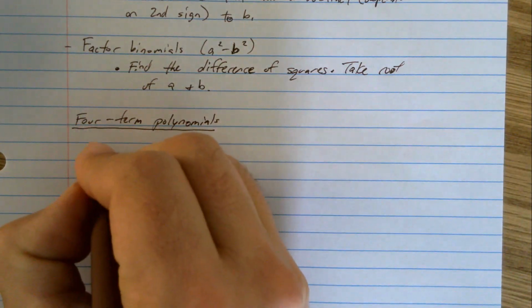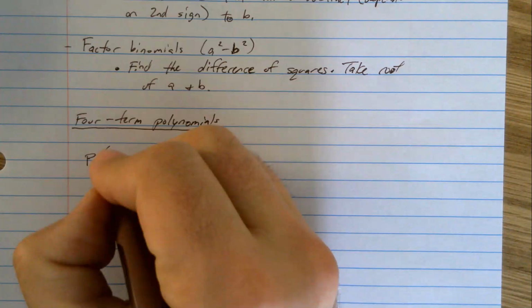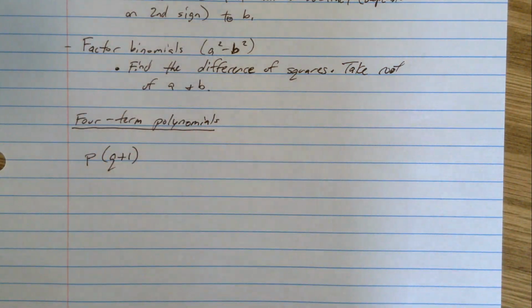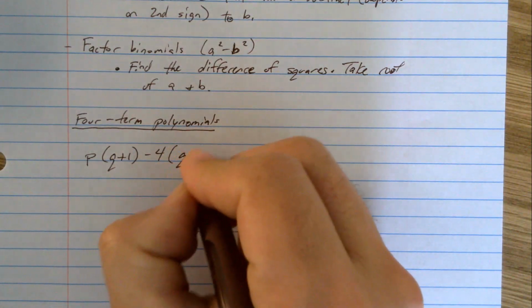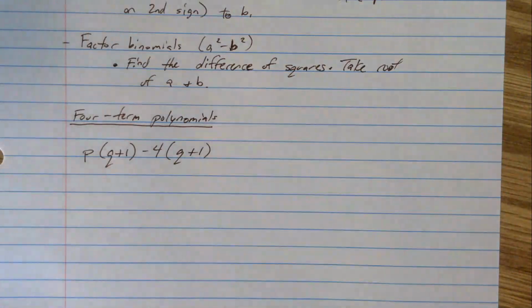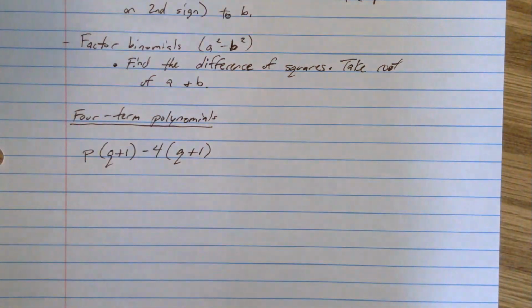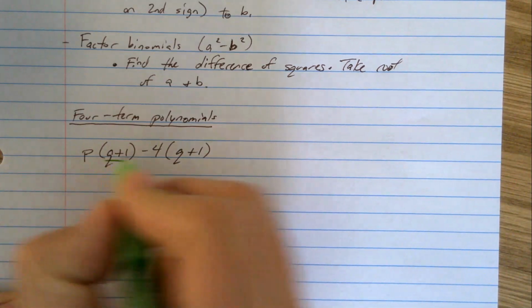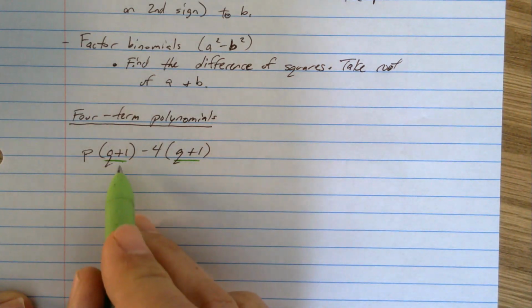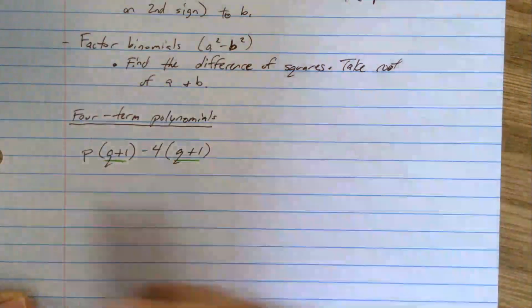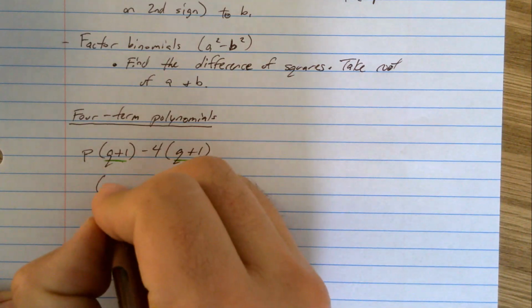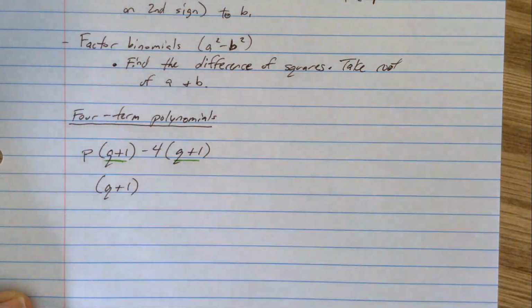So if I have p times q plus 1 minus 4 times q plus 1, the way this works is these two terms right here must be the same. So the ones that are the same, I just rewrite q plus 1.